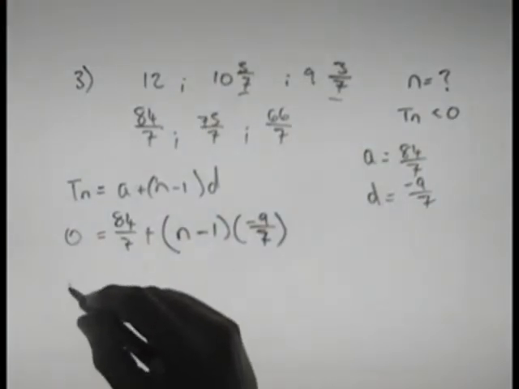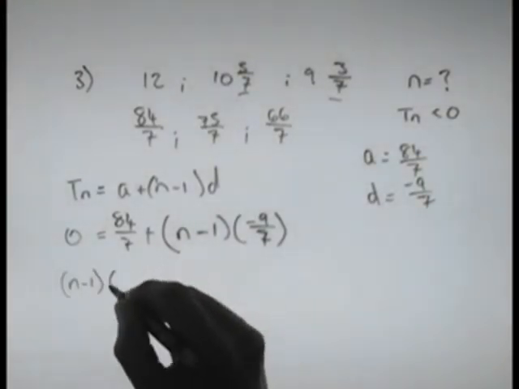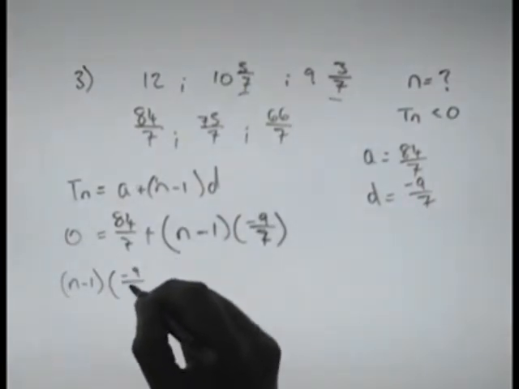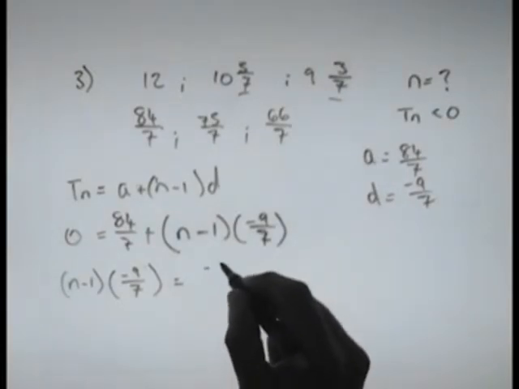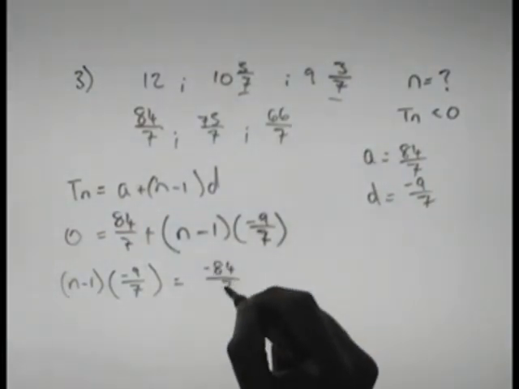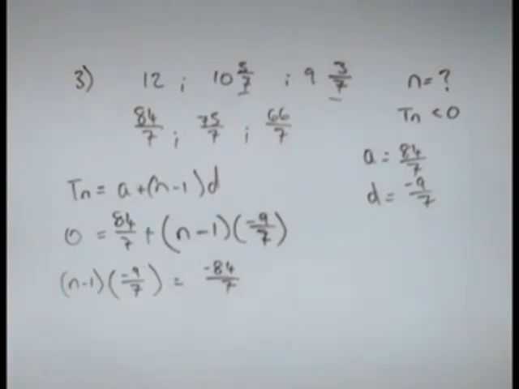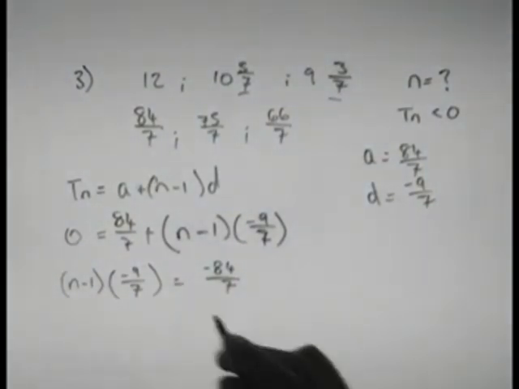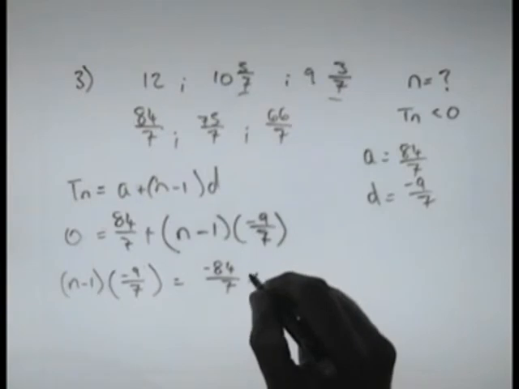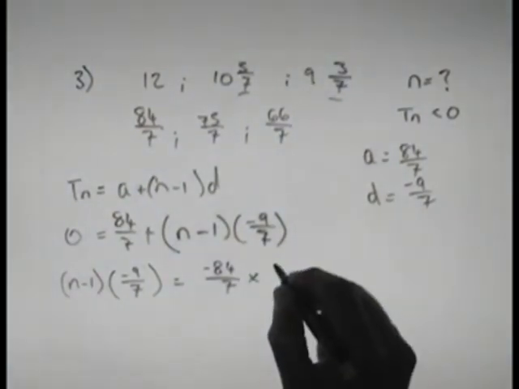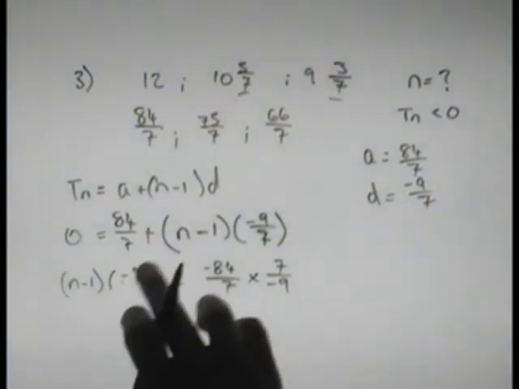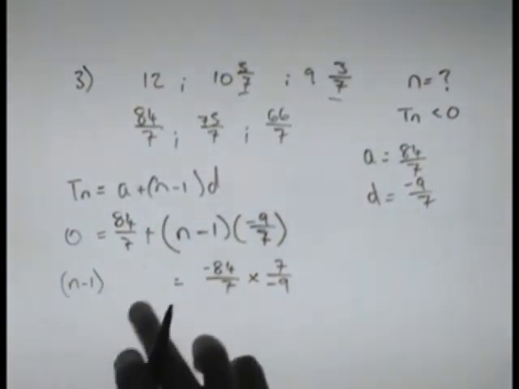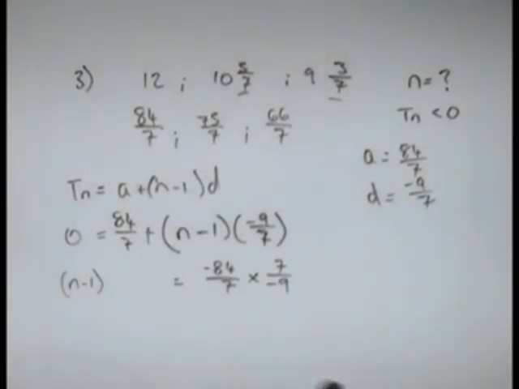That means that n minus 1 multiplied by negative 9 over 7 is equal to negative 84 over 7. I just took that across, but I flipped it around. That means that n minus 1 on its own is equal to negative 84 over 7 multiplied by 7 over negative 9. All I did was take out that on that side. What I do to one side, I do to the other.